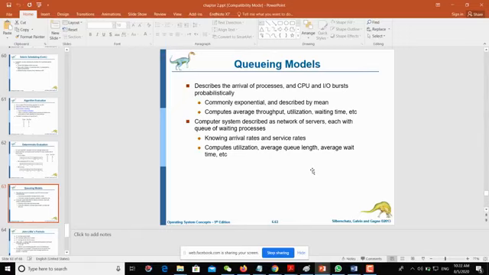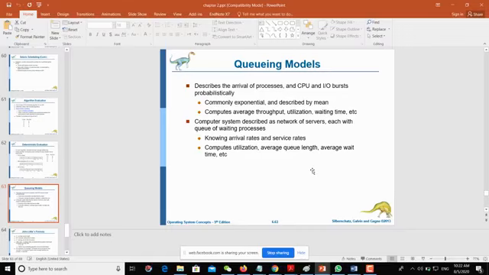Average queue length: how many processes can be accommodated in a specific queue. Average wait time: wait time means when the process is waiting to get the CPU to be executed, so we normally call it average waiting time. A process can be in different statuses, like ready status, waiting status, active status.